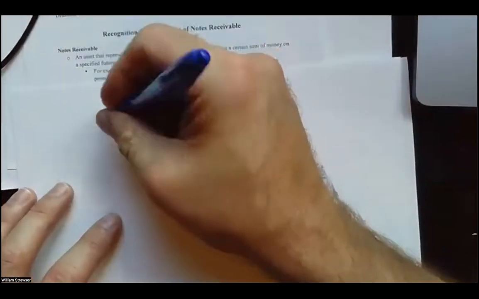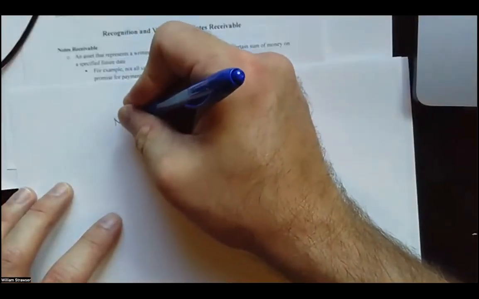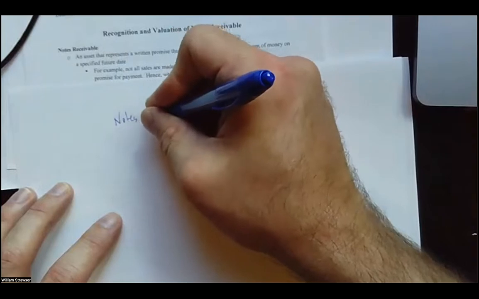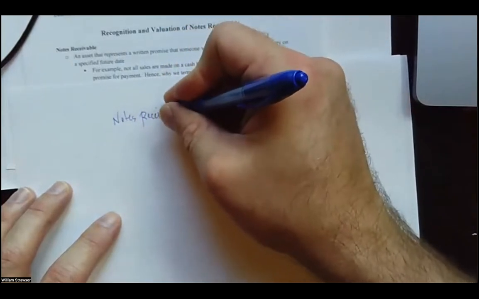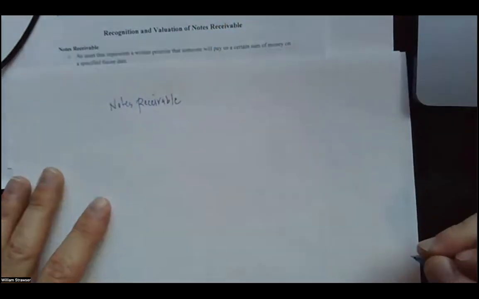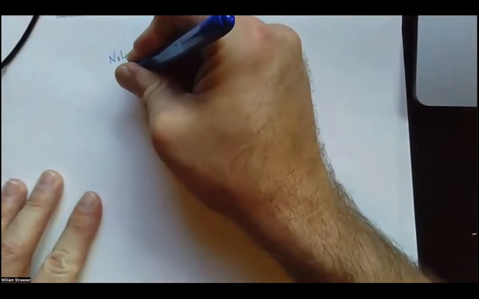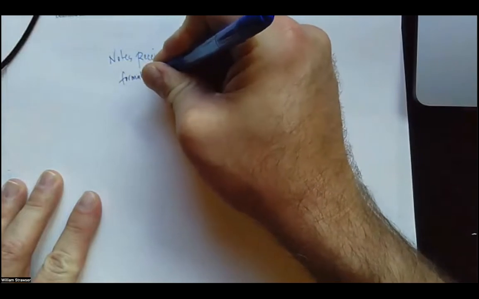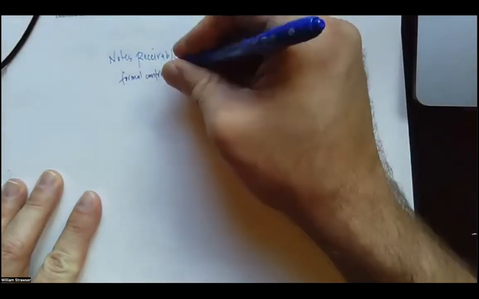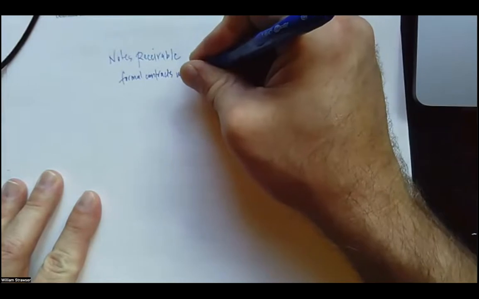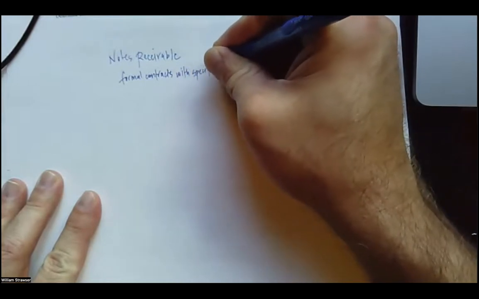So notes receivable. Remember that we have a distinction between notes receivable and accounts receivable. These are formal contracts with specified maturity dates.